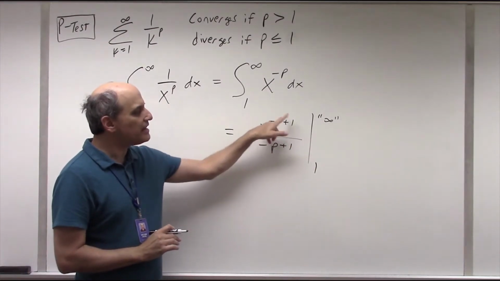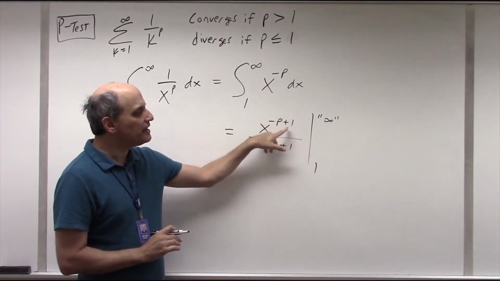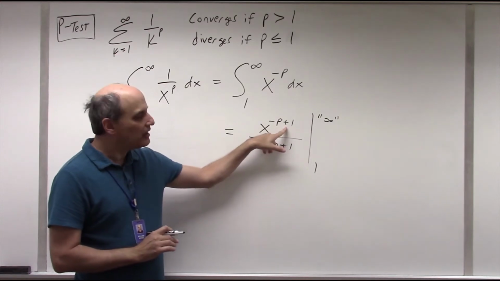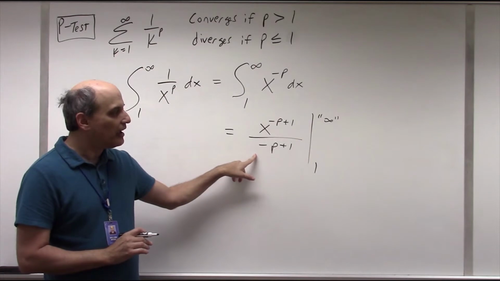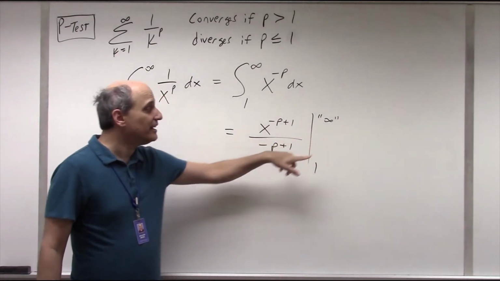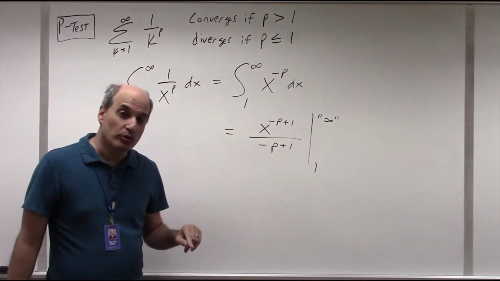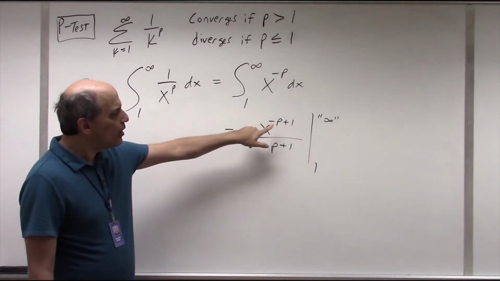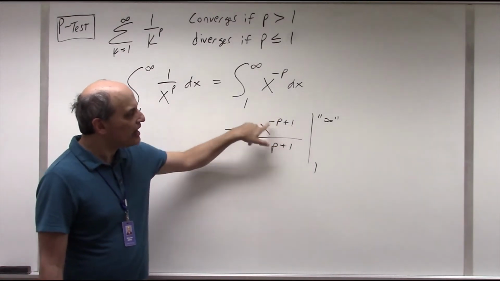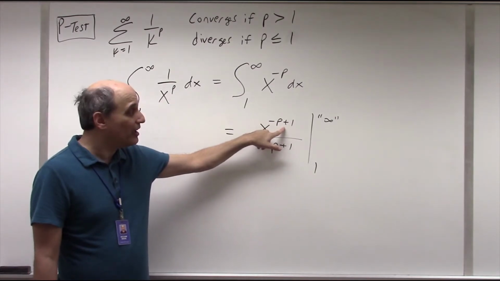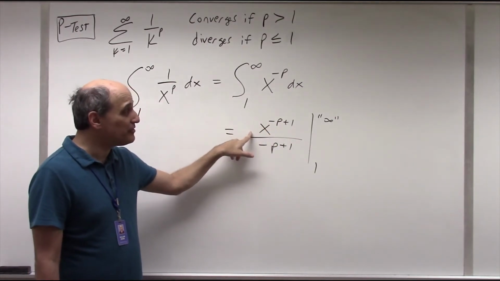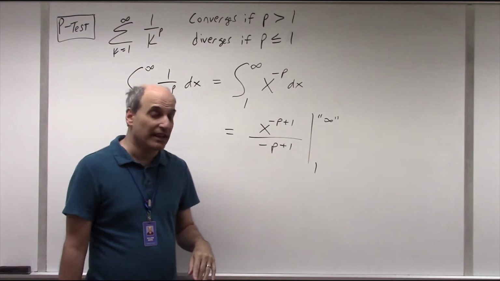All right, so here's where I need to think a little bit. If this exponent is negative, this term will move to the bottom. And when I plug in infinity, 1 over infinity will go to 0. But if this exponent here is a positive number, well then when I plug in x equals infinity, that's going to go off to infinity.